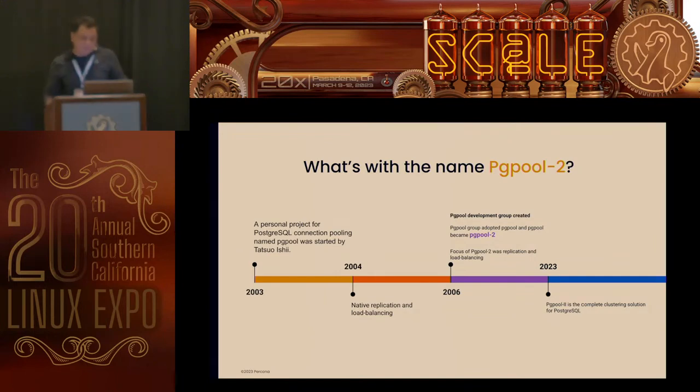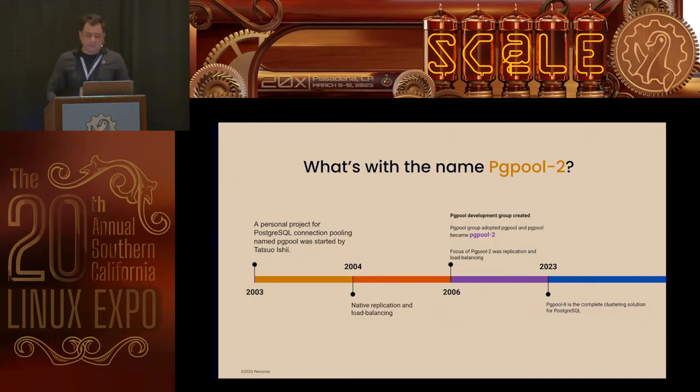I still believe they should have chosen a different name, because the pooler was not the main purpose of the project at that time. People were using it for replication, which in Pgpool we call native replication, and then for load balancing.